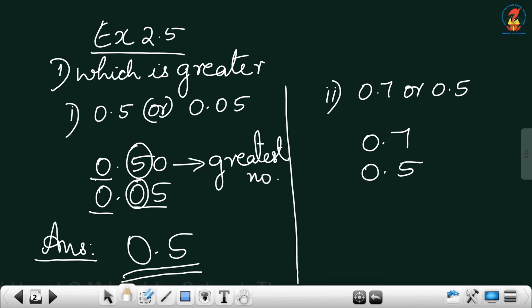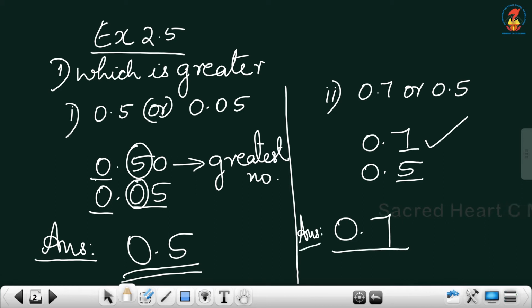Here it is 0, here also 0. If the whole number part is same, you look at the decimal part. Here it is 7, here it is 5. 7 or 5, which one is greater? 7 is greater. So we can say that this number is the greatest number. So what is the answer? 0.7 is greater than 0.5. I hope this is clear children.